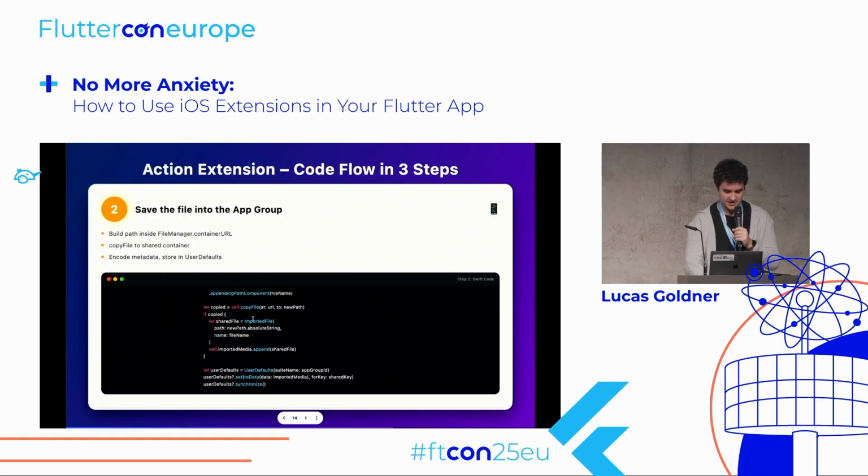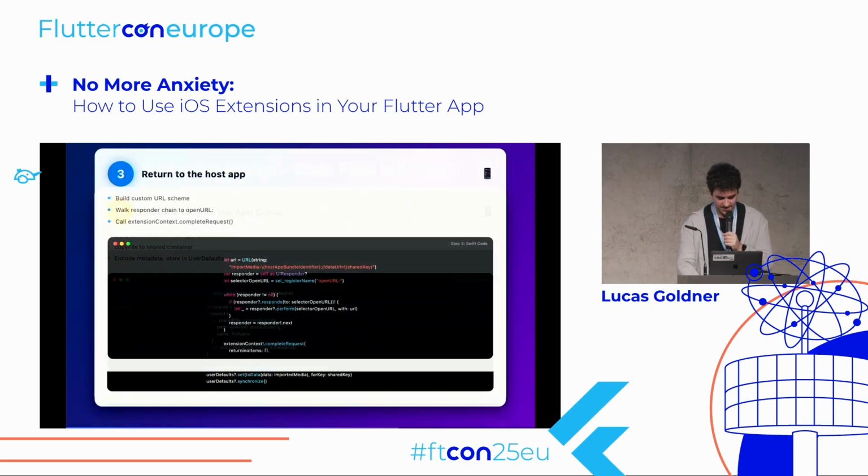So I created a small imported file class, which then gives me the path and the name of the file. And then I save it inside of my class. And using the user defaults, I'm then saving this object as a key here with the shared key, and then saving it using synchronize. And then basically all of the data is stored for my iOS app to access.